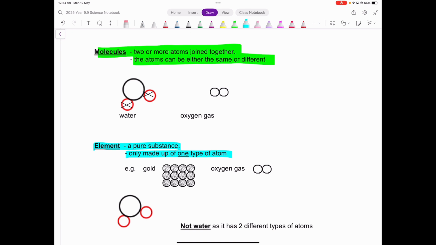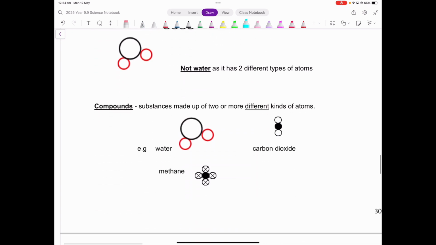Now, our final term is the opposite of an element. It is where we have a compound, which is a substance made up of two or more different kinds of atoms. So like water that we looked at right at the start. Water is made up of 2 hydrogens and 1 oxygen. So we've got more than one atom. We've got 3 atoms altogether, and we've got 2 different types, hydrogen and oxygen.